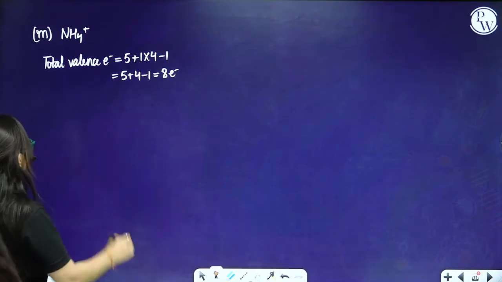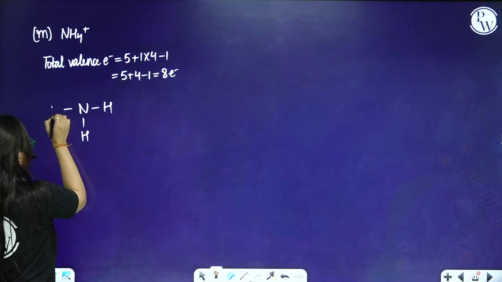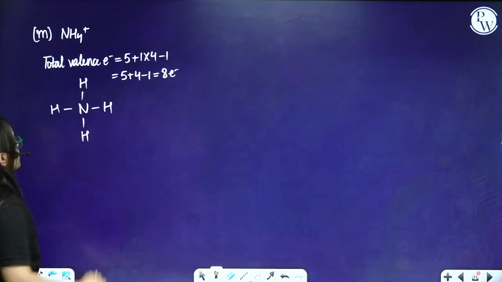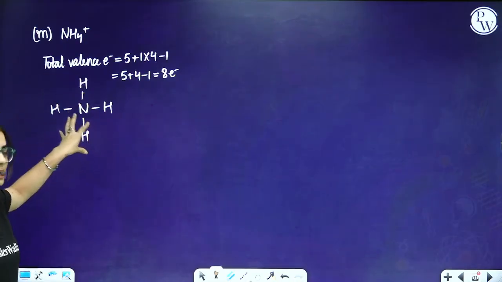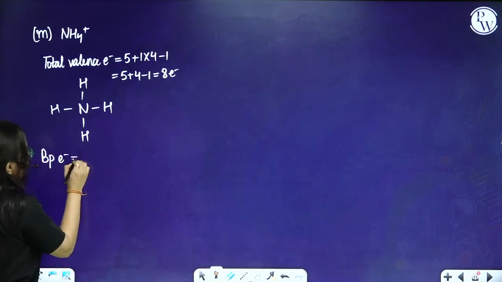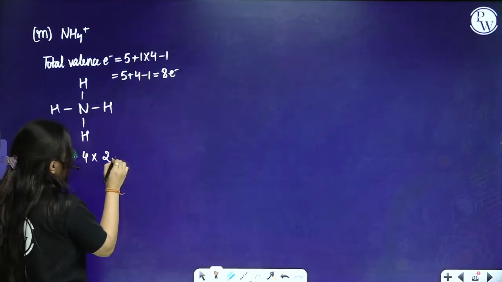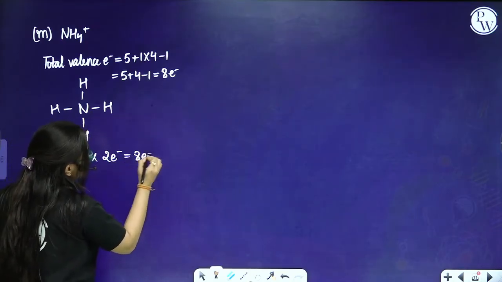Next step, show single bonds. Nitrogen, hydrogen, hydrogen, hydrogen. Nitrogen has the least number, so it will be the central atom. Now, count the bond pair electrons. How many bonds? 4 bonds. Each bond holds 2 electrons, so 4 into 2 is 8 bond pair electrons.